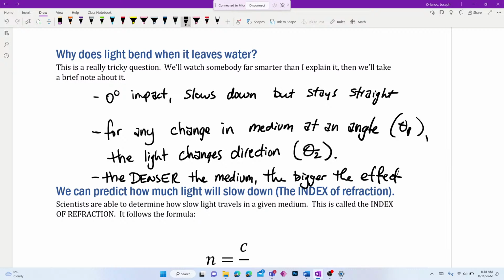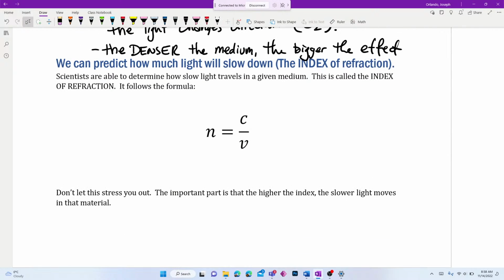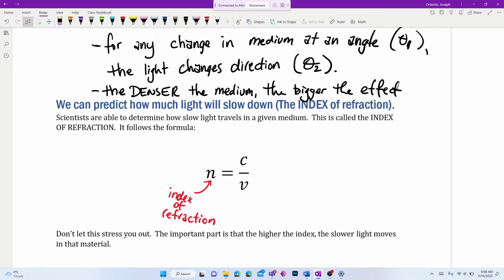So, as it happens, we can predict how much the light will slow down. And we call this its index of refraction. So this little formula here tells you the index of refraction. And that gives us a word that we haven't seen yet. Refraction.